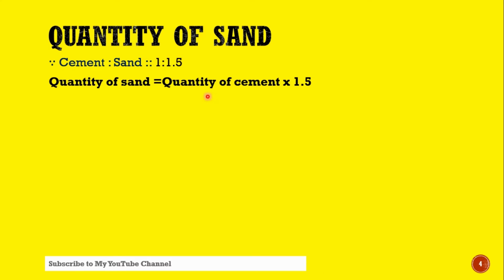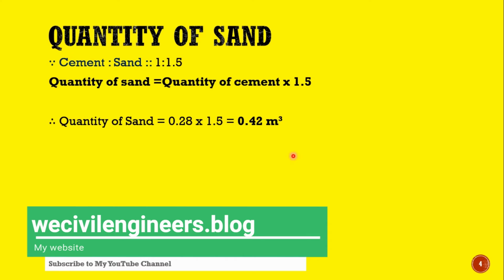Quantity of sand equals to quantity of cement multiplied by 1.5. We know that quantity of cement is 0.28. Multiply 0.28 with 1.5, then you will get the quantity of sand, which is equals to 0.42 cubic meter. Now we have quantity of sand in terms of cubic meter, but in some areas sand is measured in terms of cubic foot.